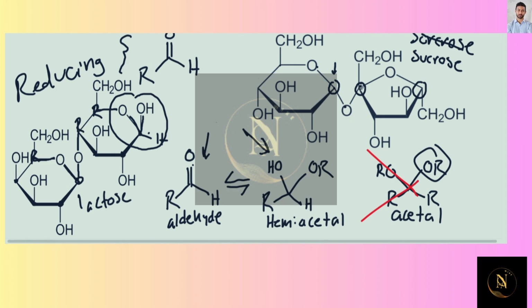Let's look at this carbon. Carbon, oxygen, carbon, that's an OR. Carbon, oxygen, carbon, that's another OR. That's an acetal, not a hemiacetal. This carbon has no ether linkages, neither does this one. This has an ether linkage, carbon, oxygen, carbon, that's an OR, but there's no OH. So sucrose does not contain any hemiacetals. Therefore, it cannot be converted into a form which contains an aldehyde, and it is not reducing.